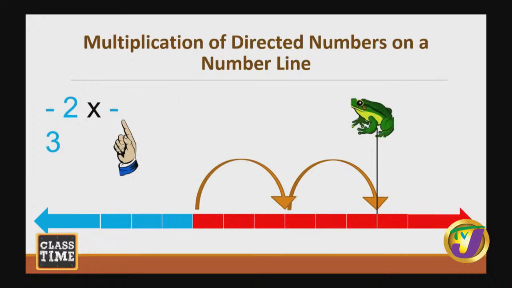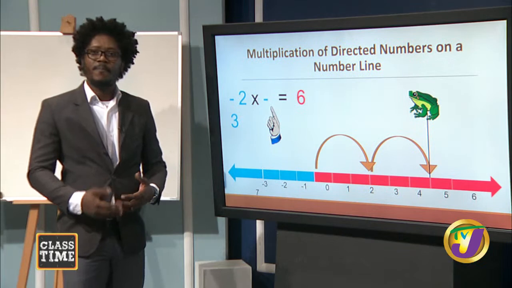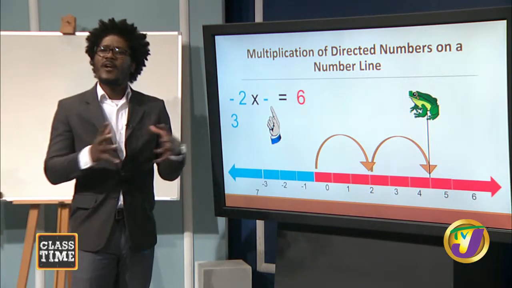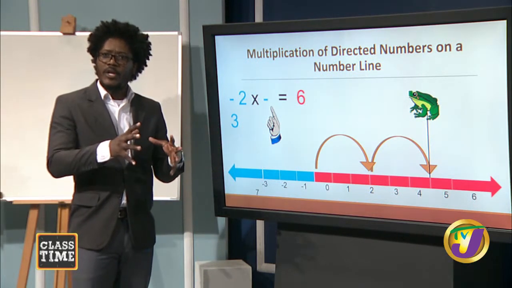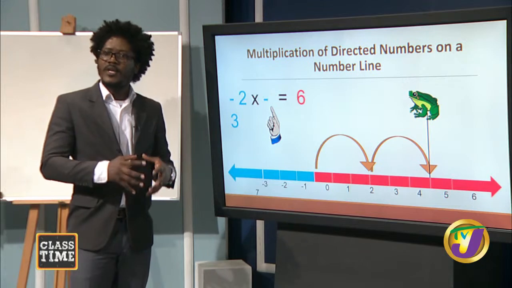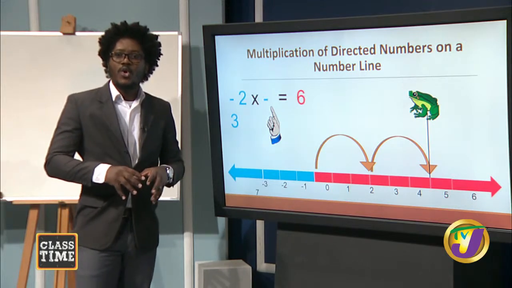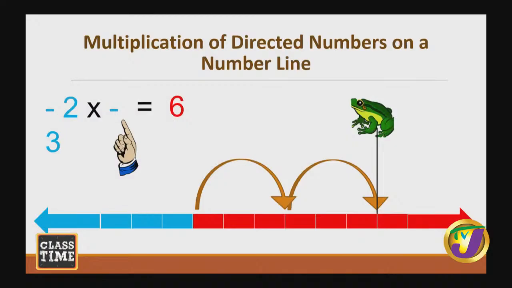So here, we realize that when we followed the steps and we had our froggy face in the direction based on our directed numbers, and then we jumped according to the label or the sign of our directed numbers, whether it be negative or positive, and we followed our rule, the answer took us to positive 6.